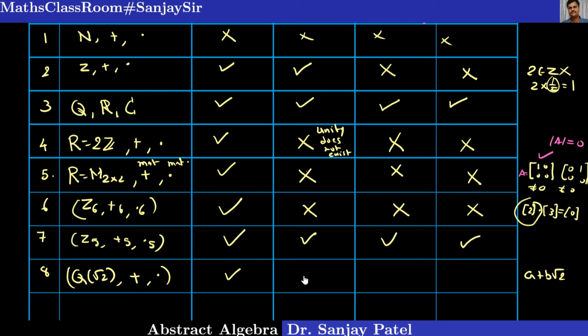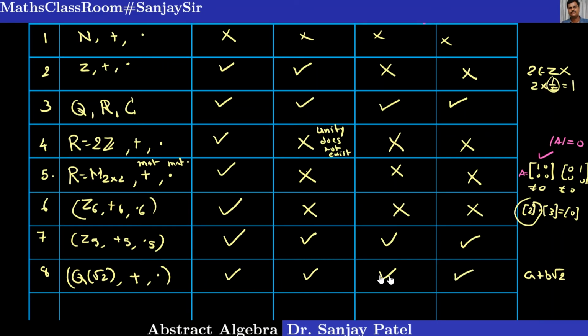It has a unity element, and it has no zero divisors, because it is a subset of R and R has no zero divisors. So any subset of R also cannot have zero divisors. Similarly, it is a division ring because for every non-zero element in Q root 2, we have found that its multiplicative inverse exists. We have discussed this in our previous videos. You can check, and it is also a field.